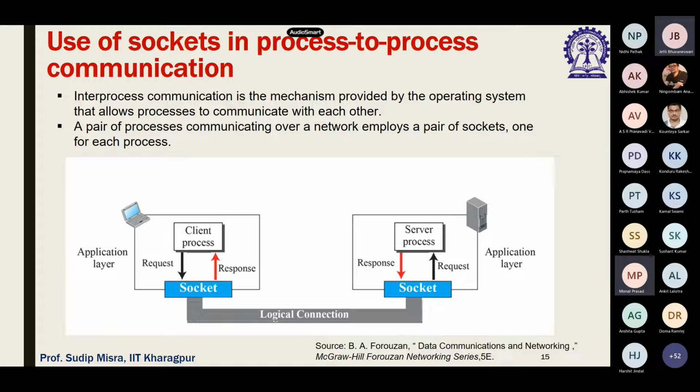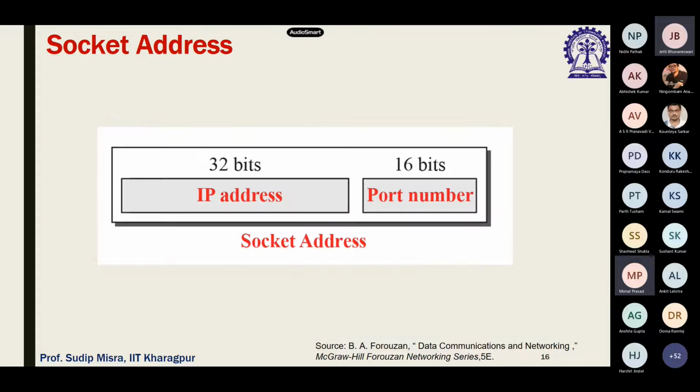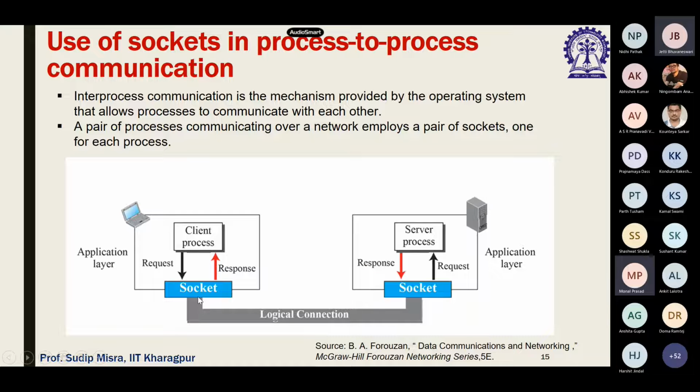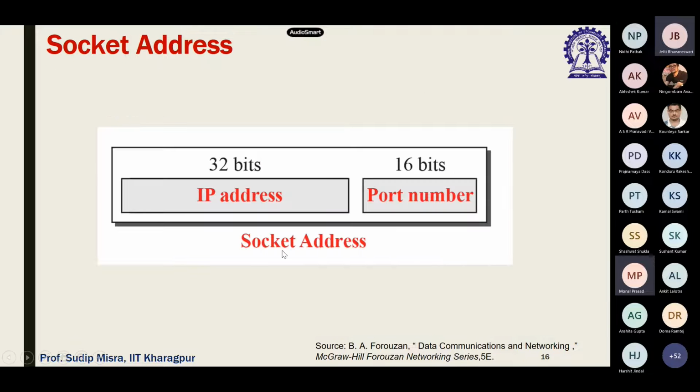Let us try to understand it. We are interested in this socket because ultimately it is the socket which helps this communication to be done. So how do you create the socket? What is inside the socket? Every socket has some address, called the socket address.